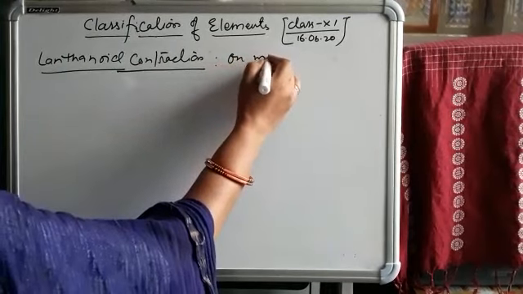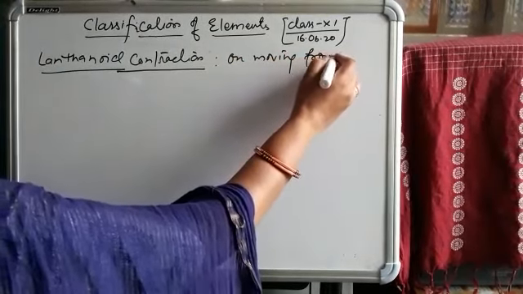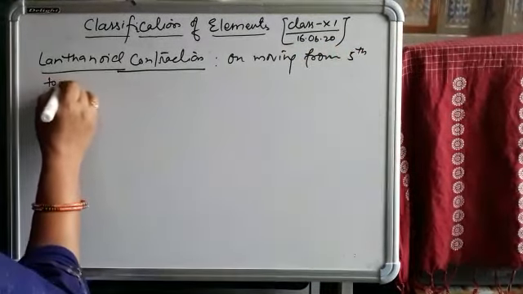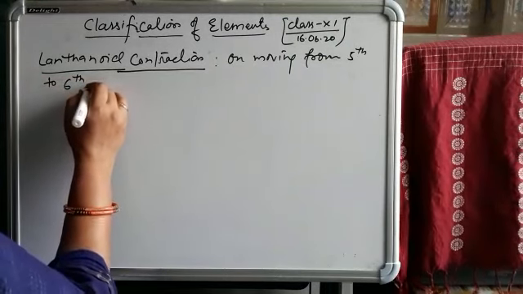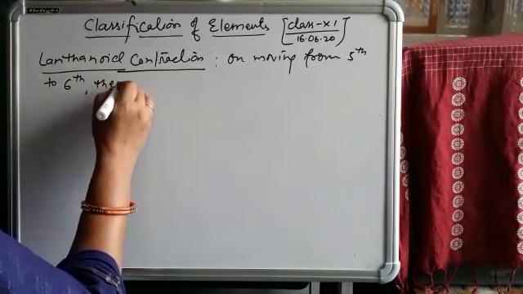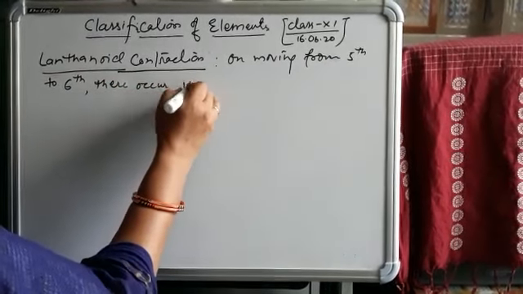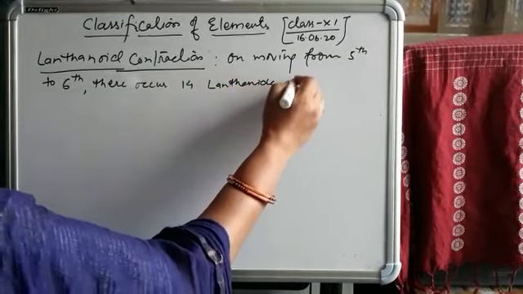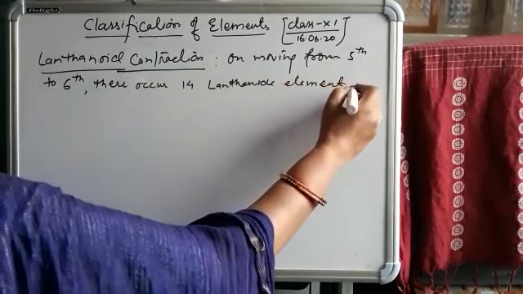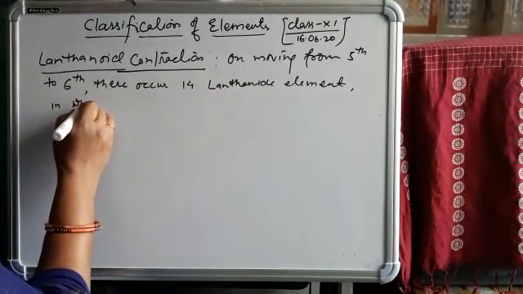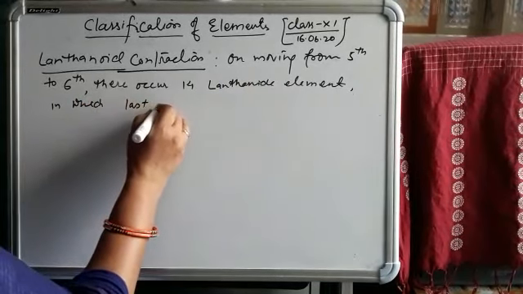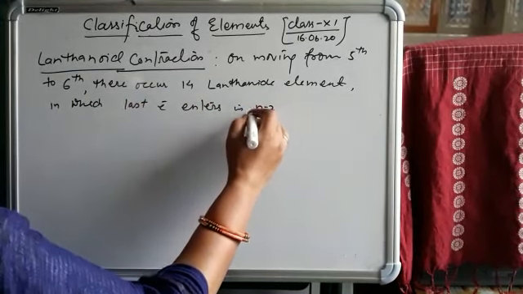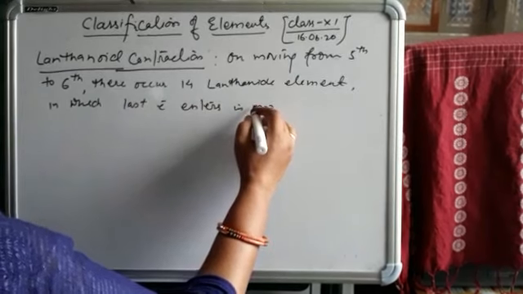On moving from 5th to 6th period, there occur 14 lanthanide elements in which the last electron enters in the n-2 f subshell.